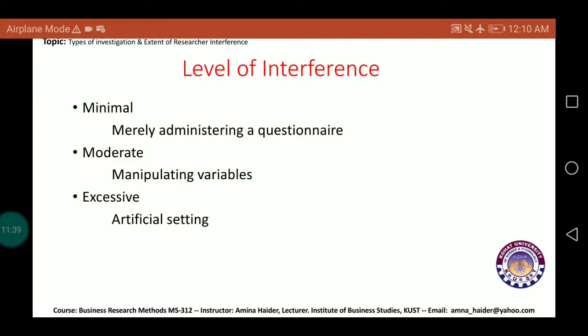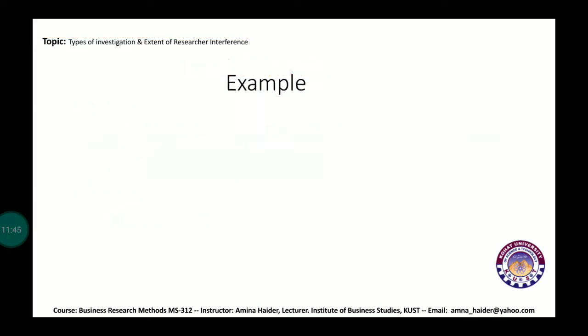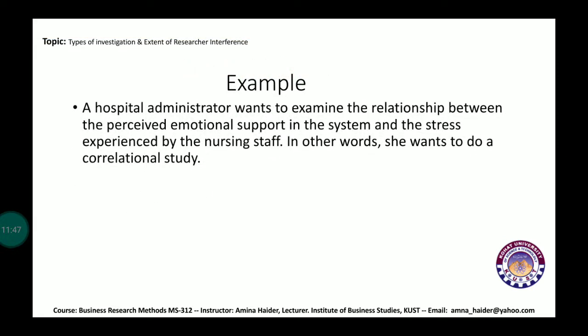We would understand these levels of interference with the help of an example. A hospital administrator wants to examine the relationship between the perceived emotional support in the system and the stress experienced by the nursing staff. In other words, she wants to do a correlation study.